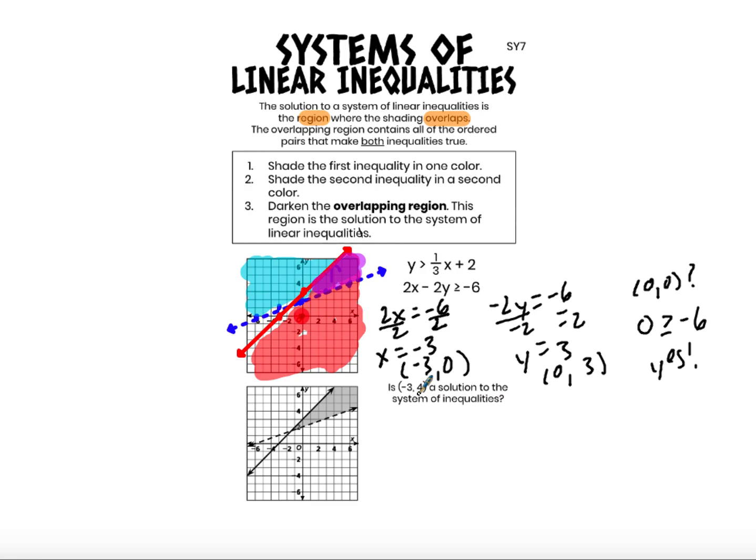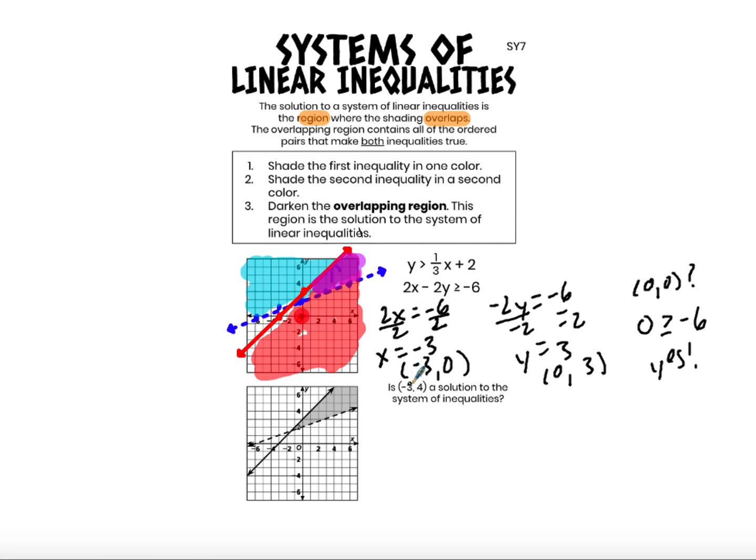Last, we're going to look at this follow-up question. Is -3, 4 a solution to the system of inequalities? We're going to answer that question just like we did a similar question, is an ordered pair a solution to a system of equations? We're going to plug this ordered pair into each inequality and see if it makes both inequalities true.